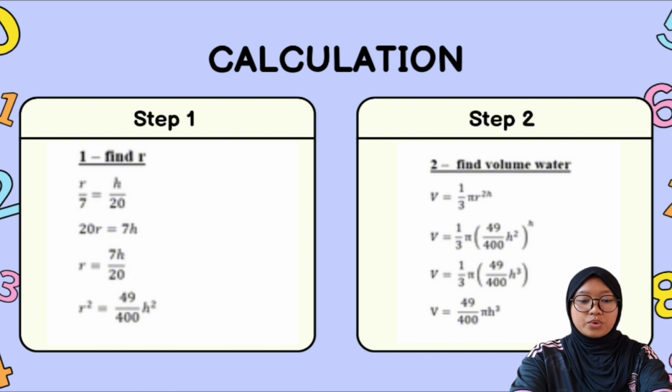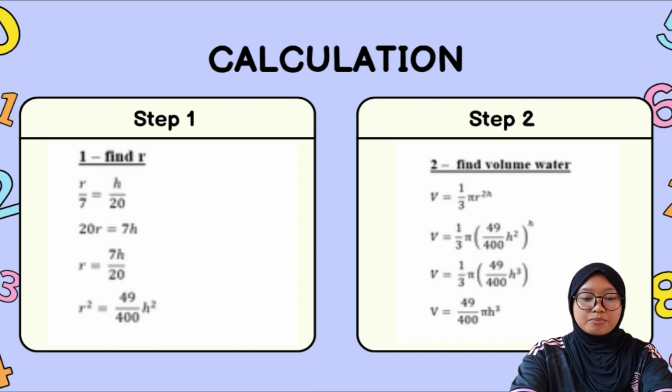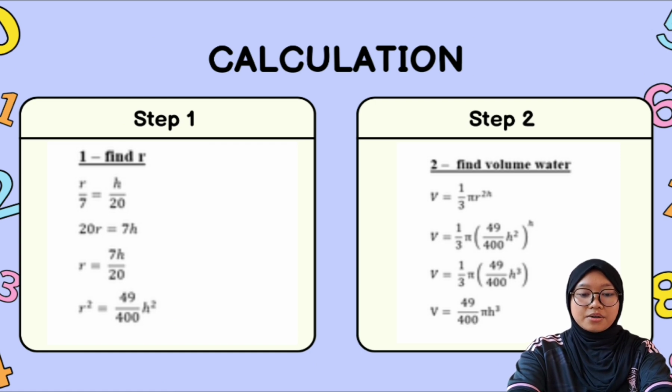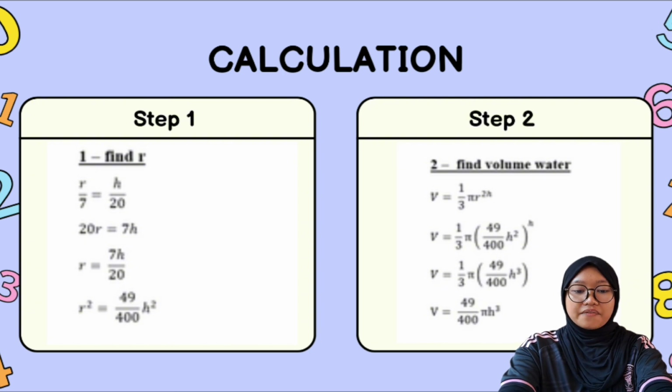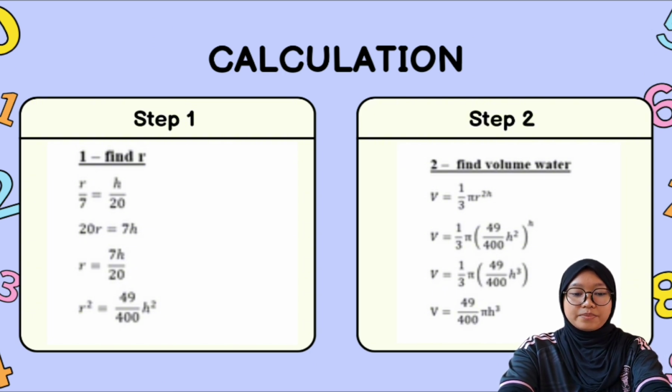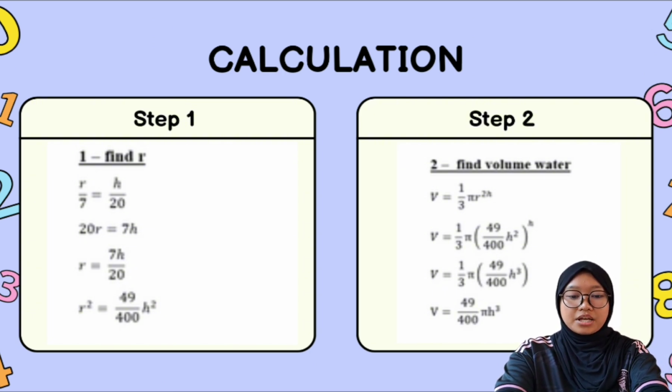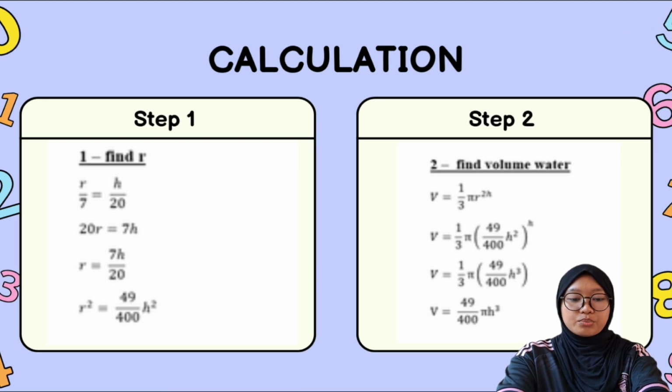V equals 1 over 3 pi R squared H. V equals 1 over 3 pi times 49 over 400 H squared times H. V equals 1 over 3 pi times 49 over 400 H cubed. V equals 49 over 1200 pi H cubed.